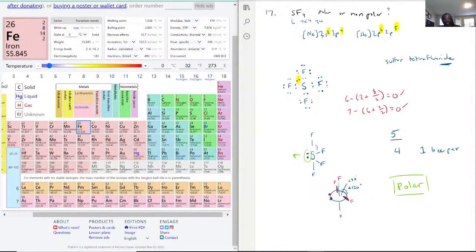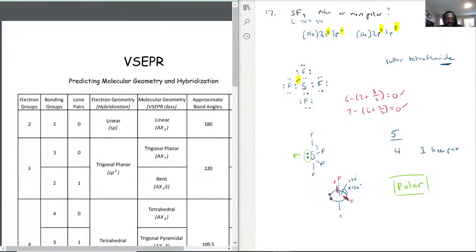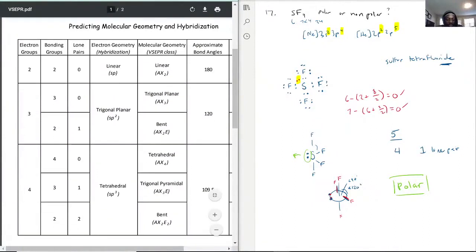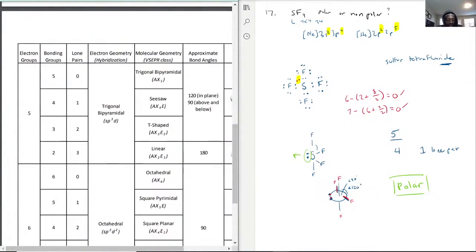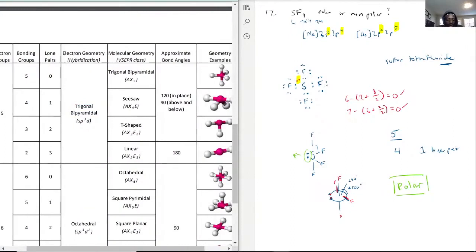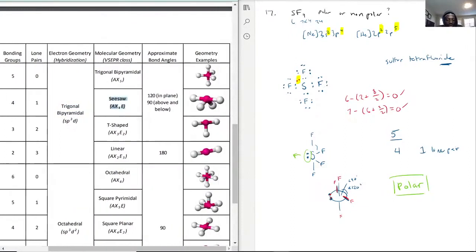Okay, so let's look at that with the actual VSEPR theory. As I mentioned, it was a group of 5, and we scroll down to 5 here: 4 bonding groups and 1 lone pair. So it's known as trigonal bipyramidal, and the shape is known as seesaw.